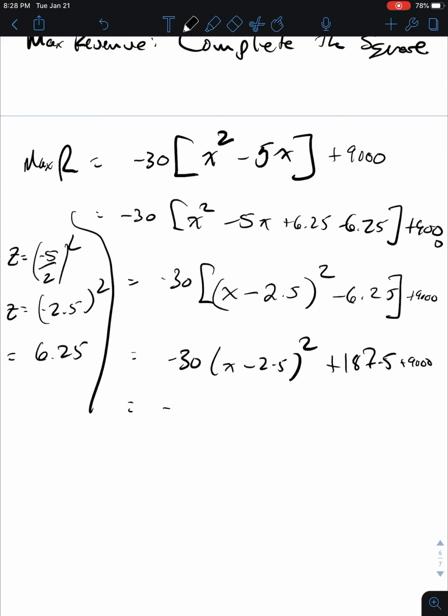Now put the negative 30 back in there. So it's negative 30 times x minus 2.5 squared. The negative 30 has to go on the negative 6.25 as well on the inside.